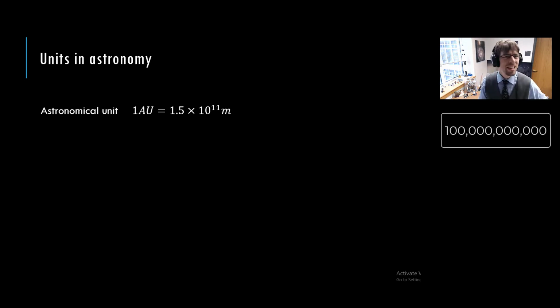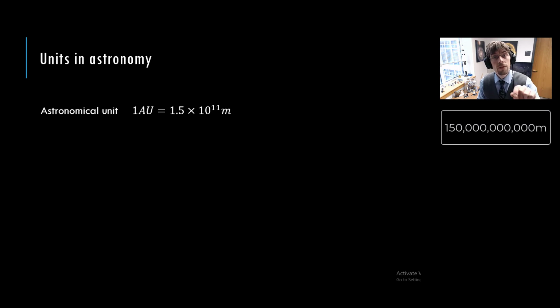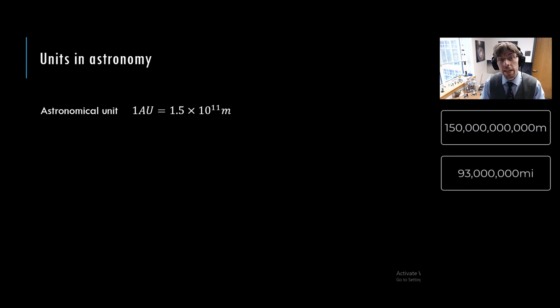If you prefer everyday language, 3 zeros is 1,000, 6 zeros is 1,000,000, 9 zeros is 1,000,000,000. So this would be 1.5 times 100 billion. So this is 150 billion meters. It corresponds to roughly 93 million miles.